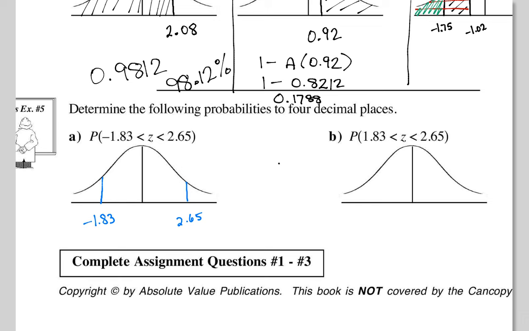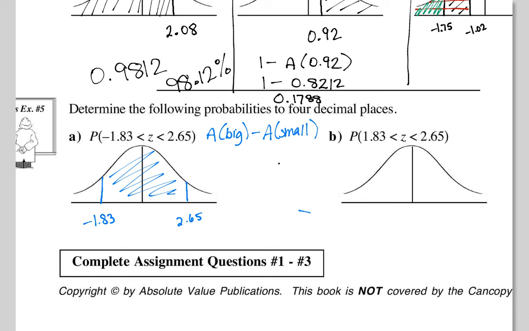So probabilities are values between 0 and 1. So that's why this question wants you to just go to 4 decimal places. It just wants you to use that area value. Okay, and of course this is the same stuff, so we're in the middle. So we have to take the area for the big, and then we're going to subtract the area for the small.